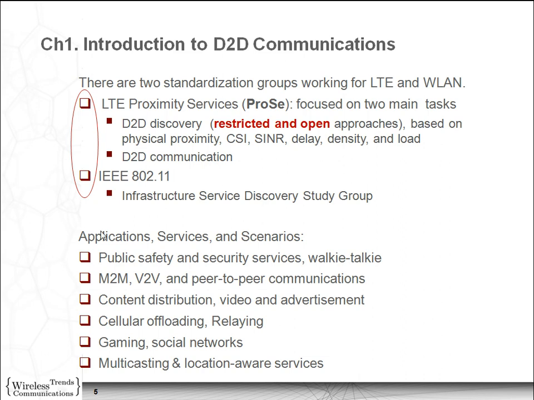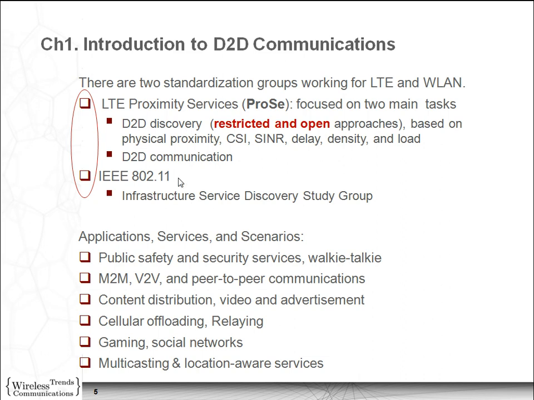So here I'm just trying to emphasize the fact that this device-to-device communication is also a nice way to see how LTE and Wi-Fi can eventually converge, and just to make this completely transparent for the users and improve and increase the coverage and services of the users.